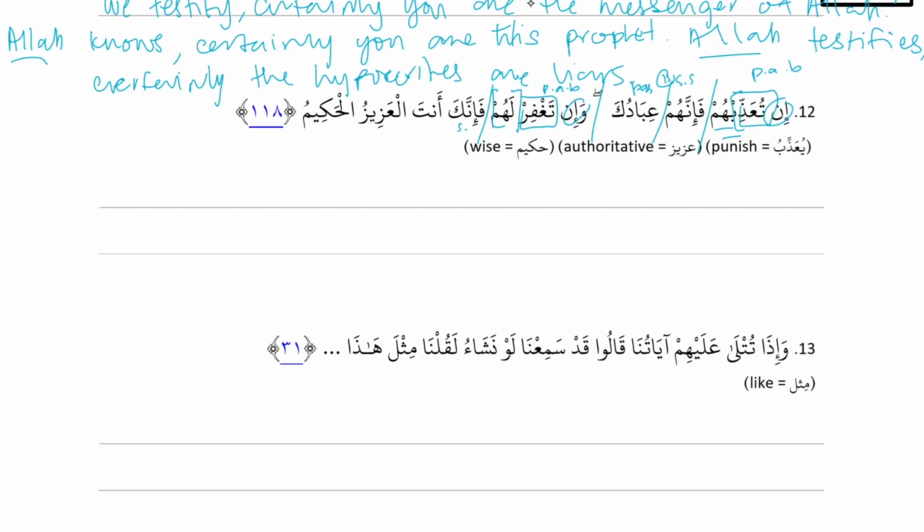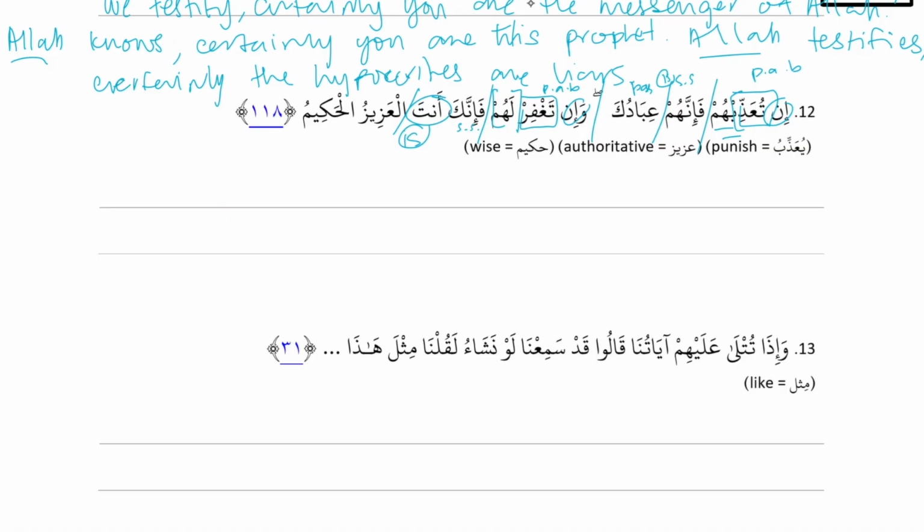And then enta is an independent pronoun in the middle of a sentence, so we call this the emphasizer pronoun. What do we know about the is in emphasizer pronoun sentences? The is goes after the emphasizer pronoun. Right, so that's where we put our is. And then al-aziz al-hakim.